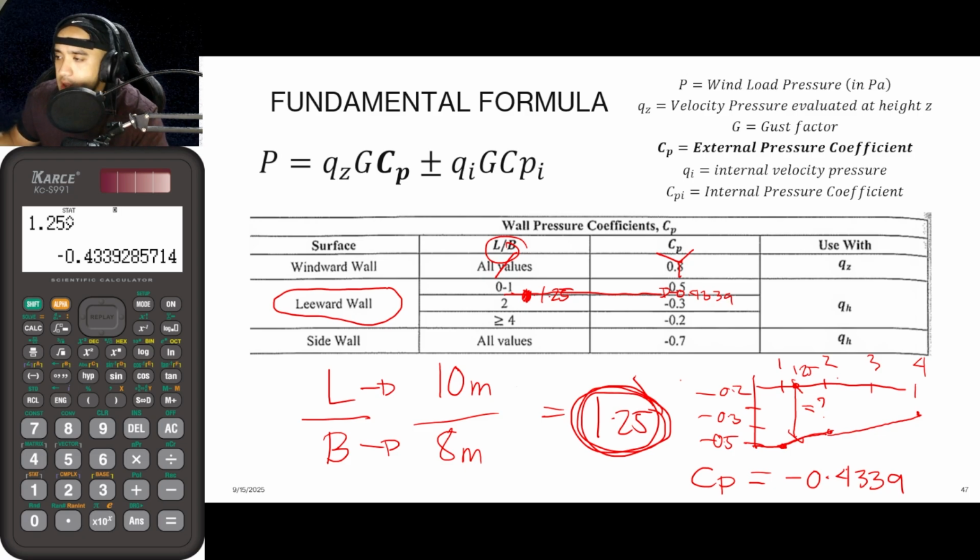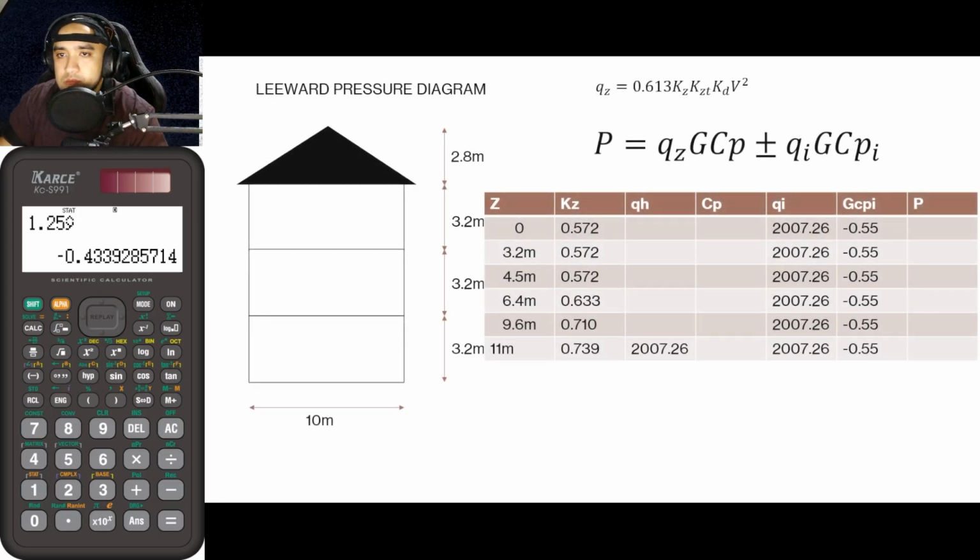So, if you are having doubts in this solution, try solving for it manually. If you have trust in me, then just go ahead and input it. Okay? After that, the value for CP is negative 0.4339, and it would be the same throughout.